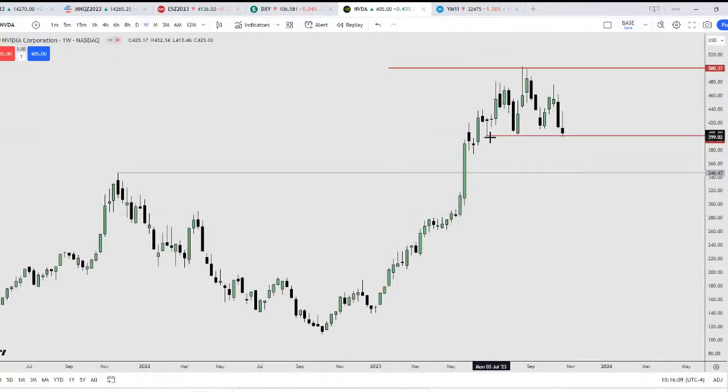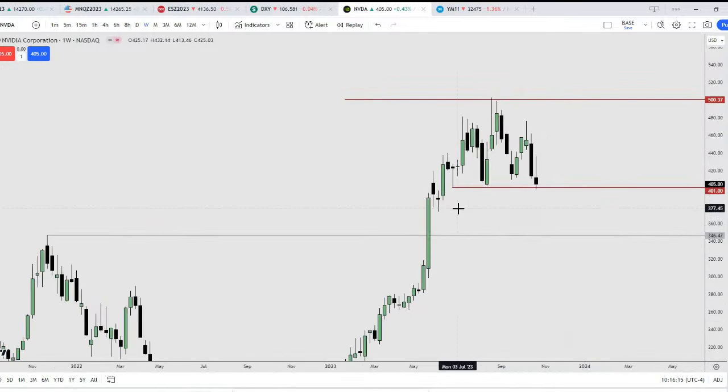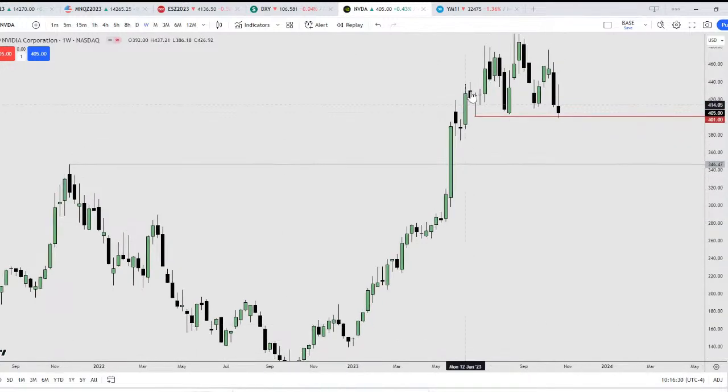Right, so far it has taken out these equal lows here, as I mentioned a few weeks back. So right now I want to see it overextend down to this low and eventually into this old high. Because we have quite a huge inefficiency and it was running really fast on the way up. So as fast as it goes up, it's going to come down with the same speed.